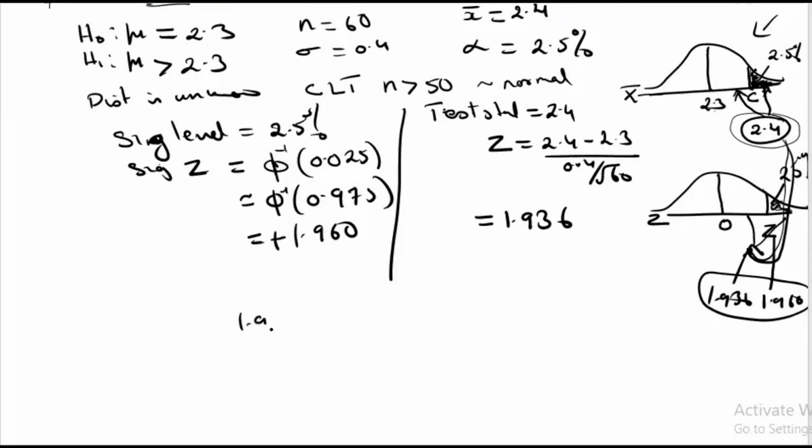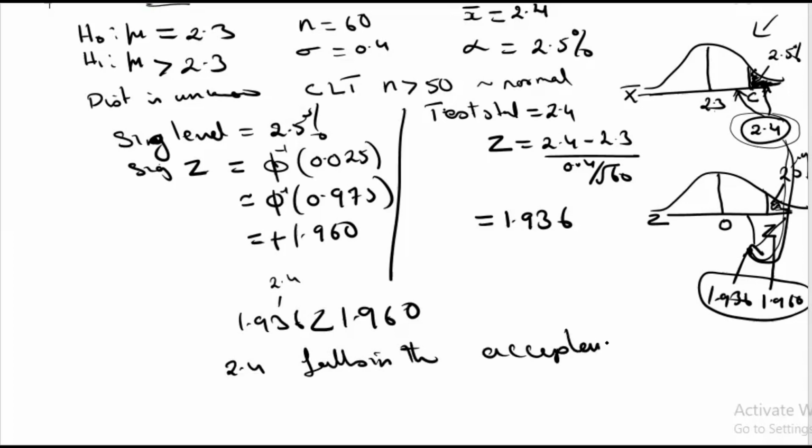You can see that 1.936 is less than 1.960. This corresponds to 2.4. So we can say that 2.4 falls in the acceptance region. Therefore, accept H naught.